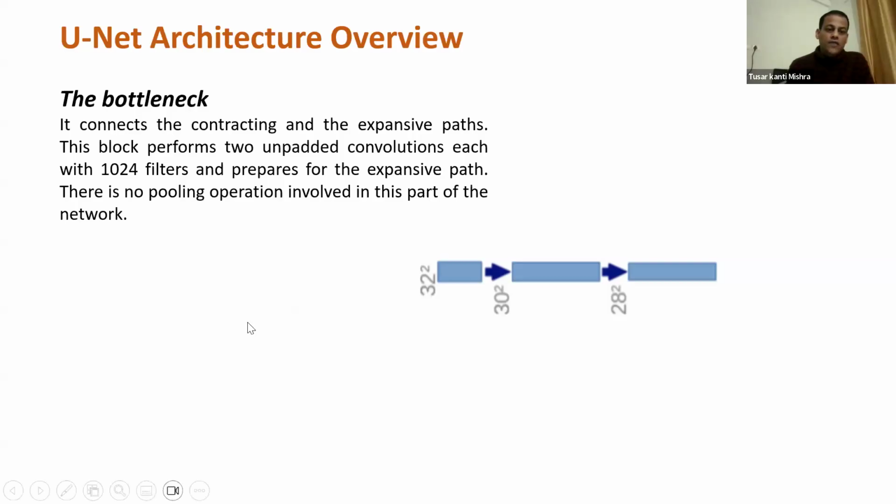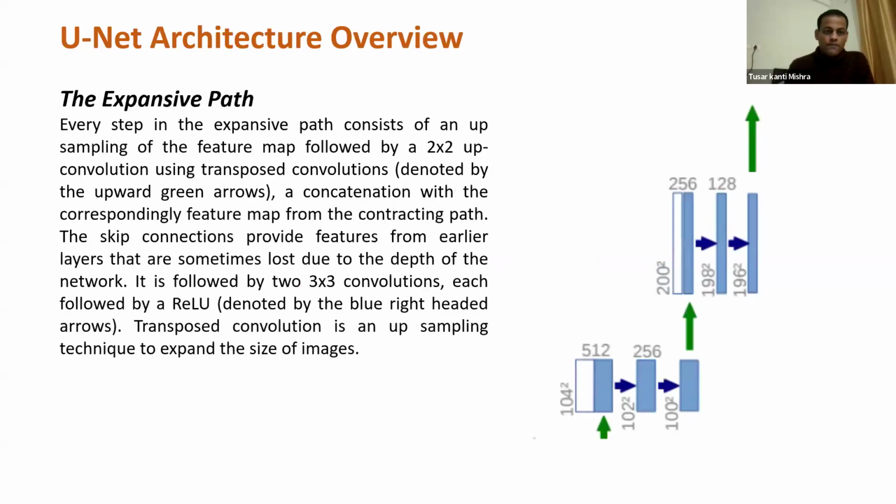That is 1024 filters, and that's why it prepares for the expansive path. There are only convolutions, two convolutions involved, and no pooling is performed in this bottleneck component.